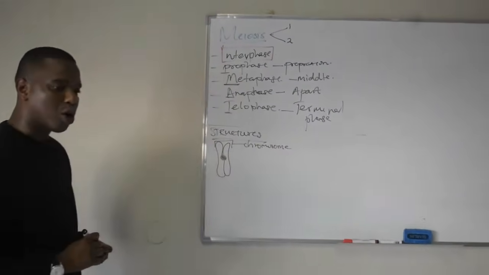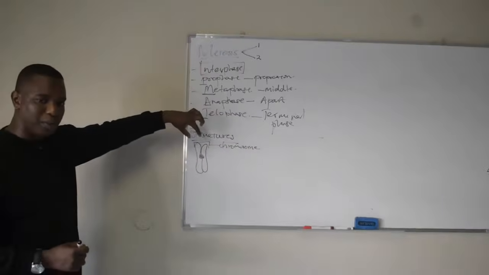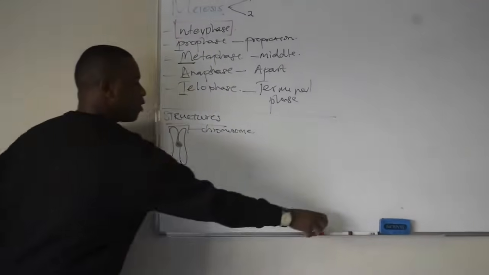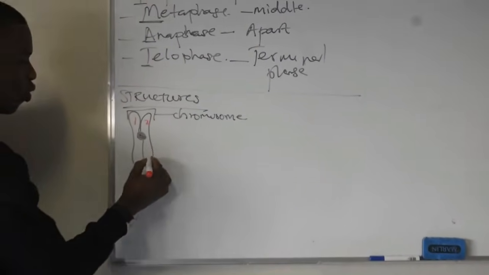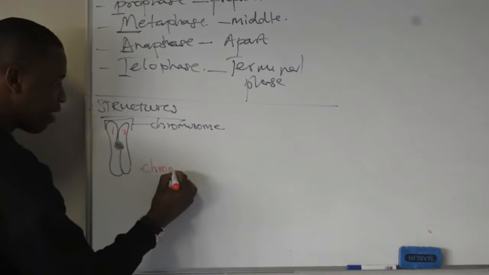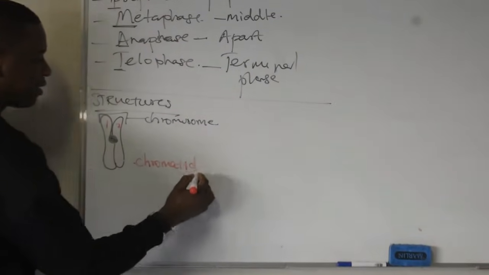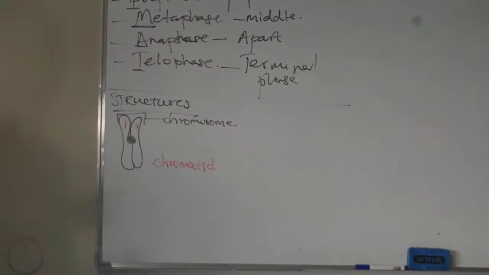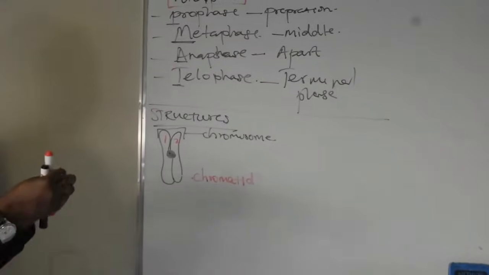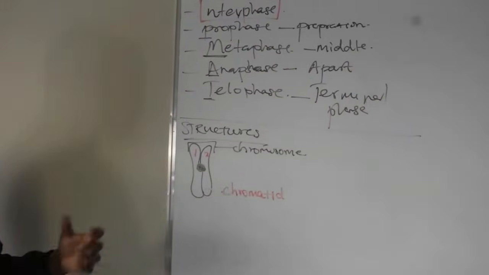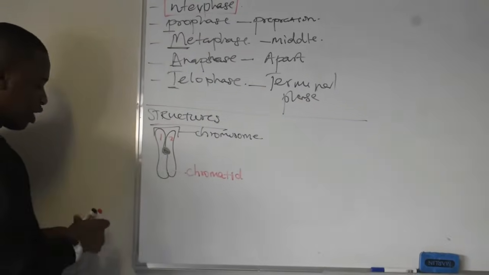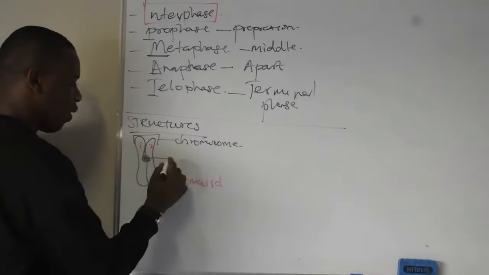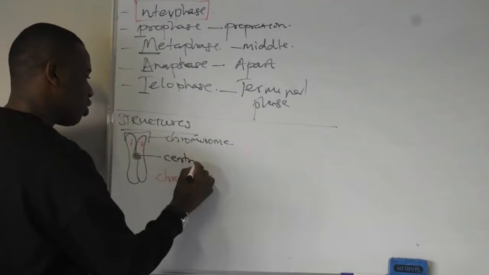So this is a chromosome. What forms the chromosome? A chromosome is formed by 1 and 2. What are this 1 and 2? When you label them, you call them chromatids. So these are chromatids, meaning that a chromosome is formed by 2 chromatids. Now, what joins chromatid 1 and chromatid 2? They are joined by what is so-called the centromere.